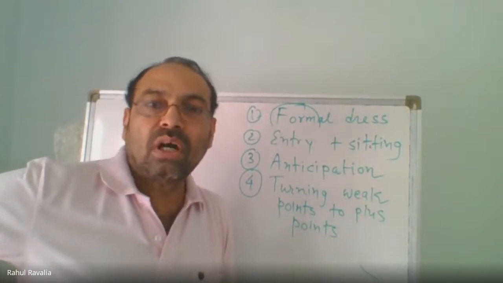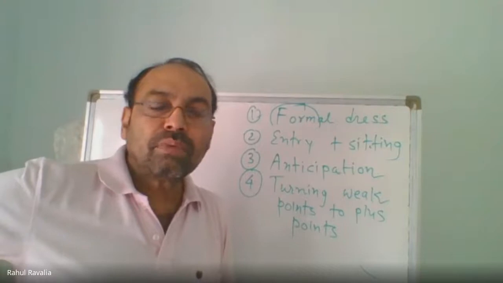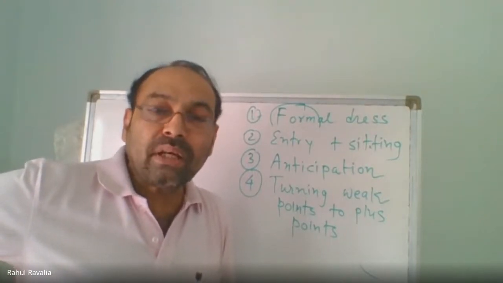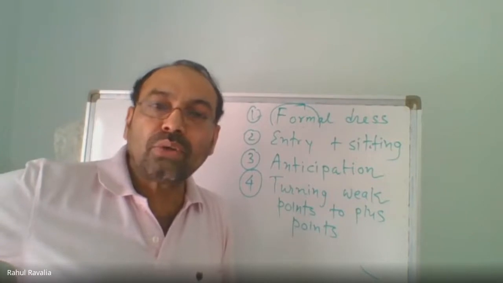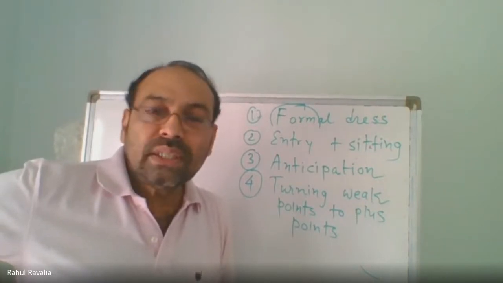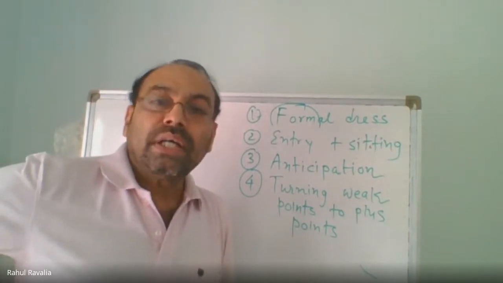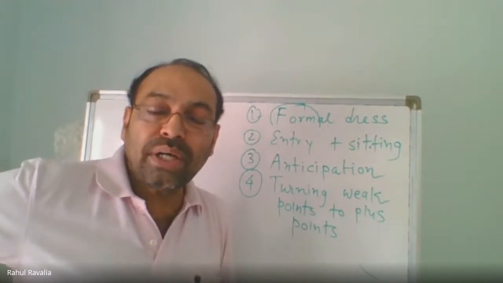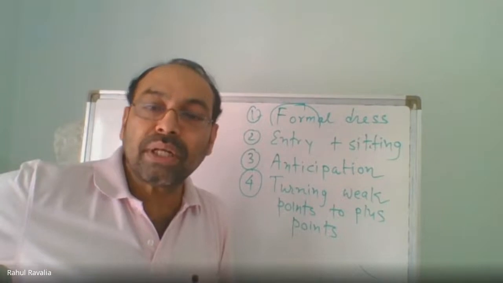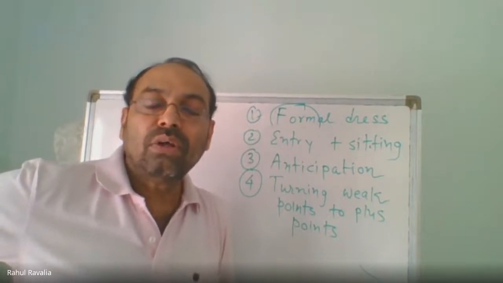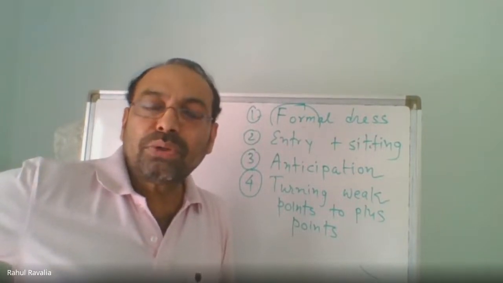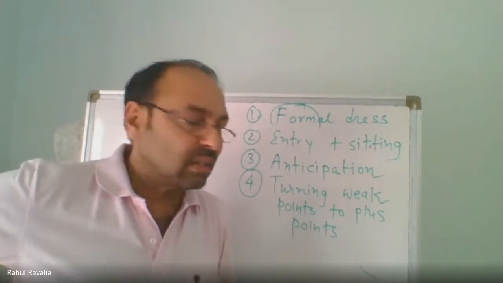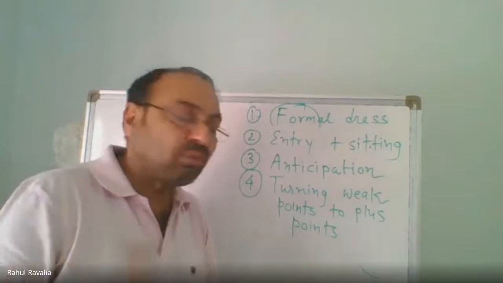We have our weak points, and the committee already knows. Remember, the panel already knows what your weak points are. How does it know? It knows because your biodata has already reached the panel. So they have full knowledge about your education, your life, your skills, everything. So they know your weak points.